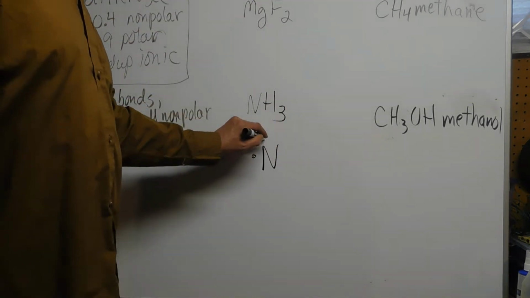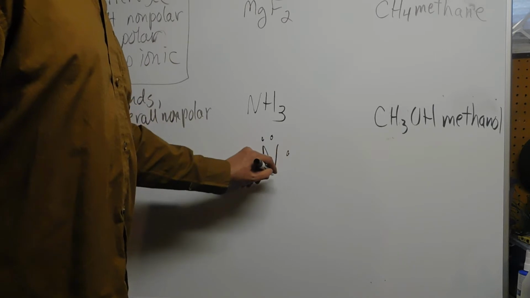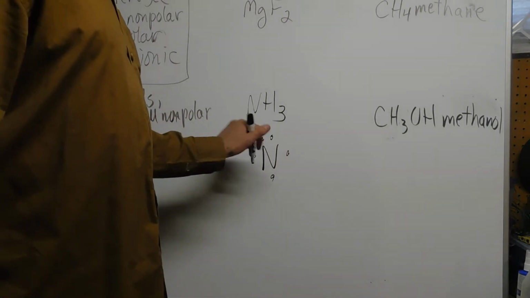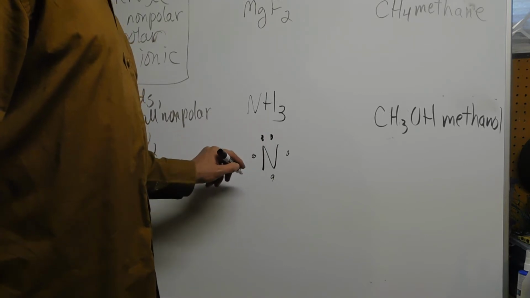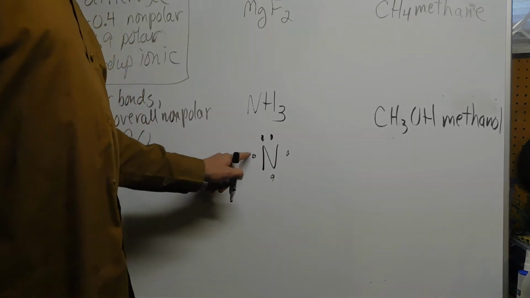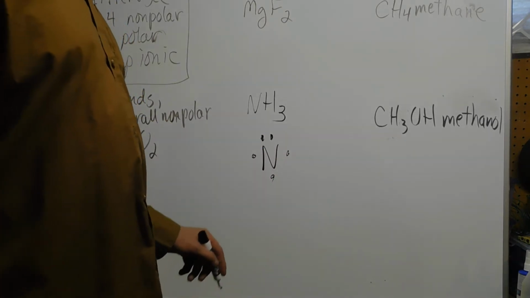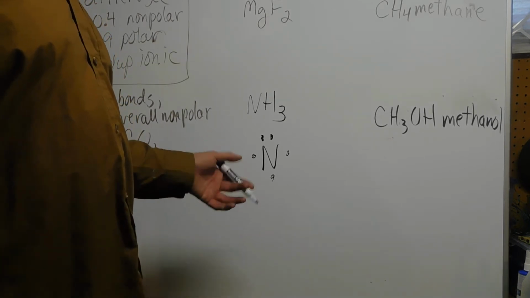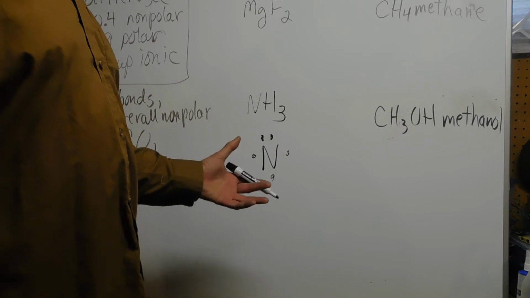So nitrogen has 5 electrons, okay? We know that you can't represent more than 2 electrons as a pair, and we assume that we have 3 unpaired ones. Nitrogen, in all cases, when it forms a compound, will gain 3 covalent bonds.